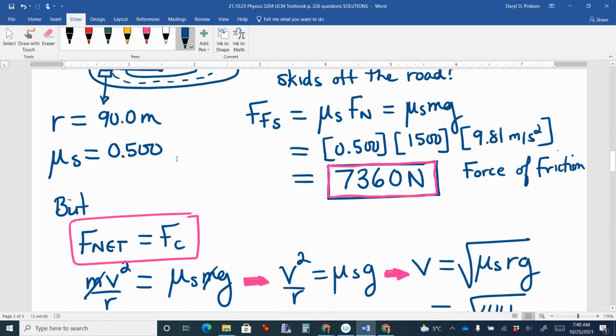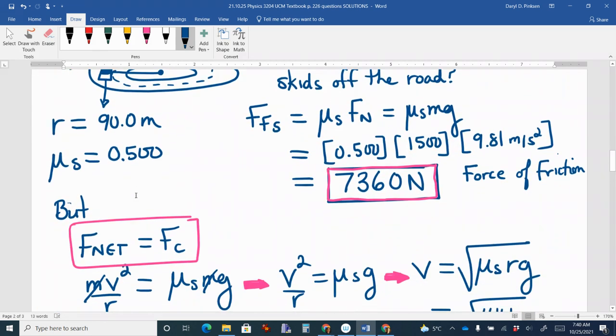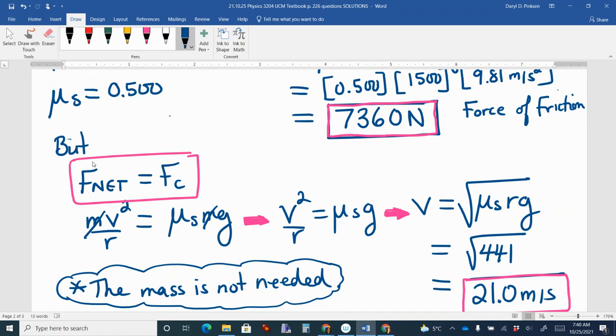But if we do it this way, our free body diagram is just going to have one force, the force of friction going that way. And just like we did on the assignment, the mv squared over r is going to equal mu s times mg. The m's cancel out, and we end up with an equation here for the speed at which these two things are equal to each other.